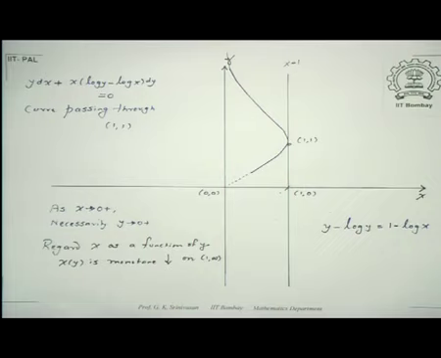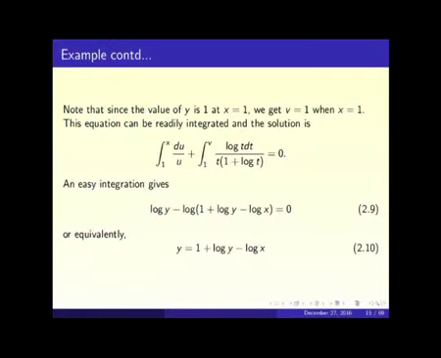Here we will have to go back at this stage to equation 2.10, and look at this equation, y equal to 1 plus log y minus log x. Suppose y goes to infinity, then what happens? The left hand side goes to infinity.